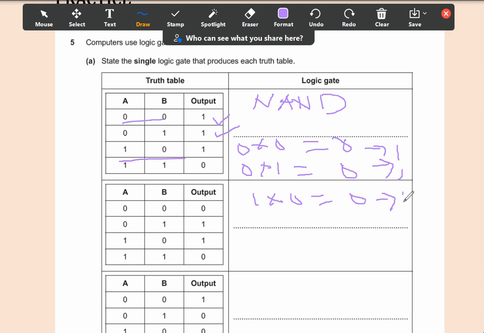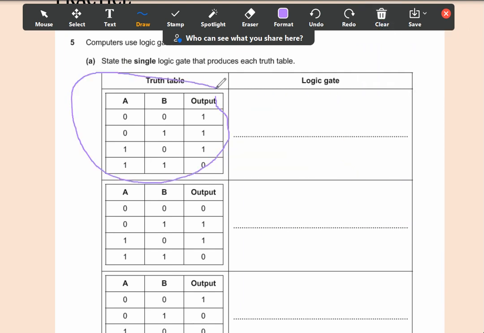It must have an output of 1 for the NAND gate. Lastly, we have 1 times 1, that's 1. So therefore, it must have an output of 0. So therefore, we have 1, 1, 1, 0, which is the correct output for this truth table. So this logic gate is the NAND gate. So NAND gate is the answer for the first truth table, right? How about this next one?